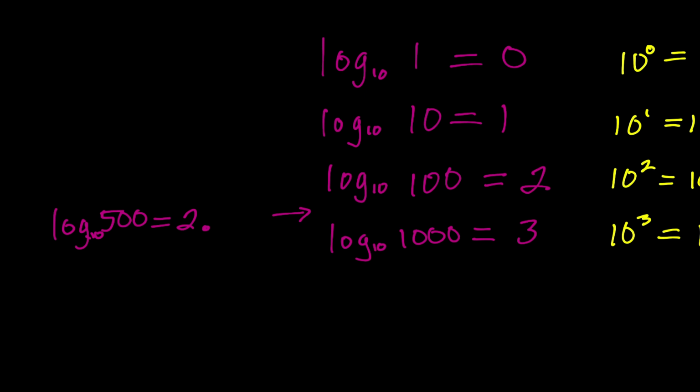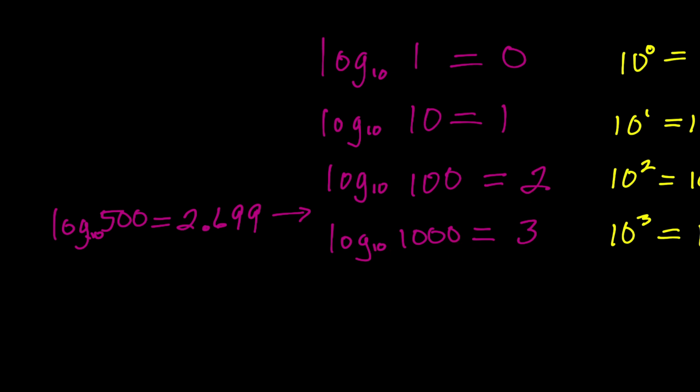I don't know right offhand because I don't have my graphing calculator. Let me look that up real quick for you. So the log of 500 is about 2.699. I ran and grabbed my calculator. Notice this number, 2.699, is between 2 and 3 because 500 is a number between 100 and 1,000.